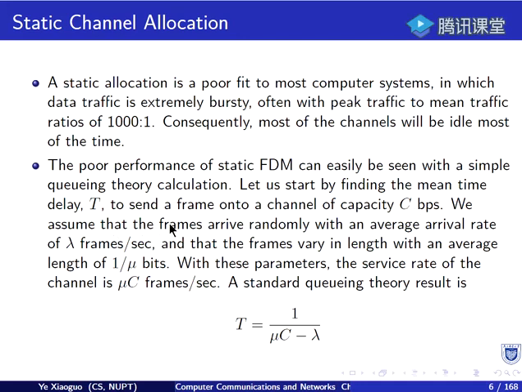We assume that frames arrive randomly with an average arrival rate of lambda frames per second, and that the frames vary in length with an average length of 1/mu bits. With these parameters, the service rate of the channel is mu C frames per second.